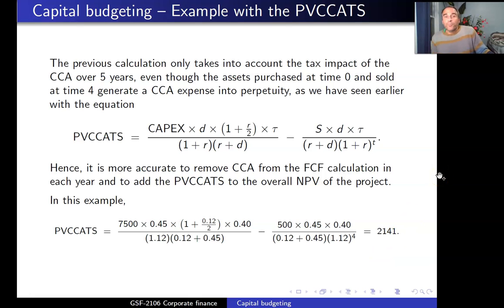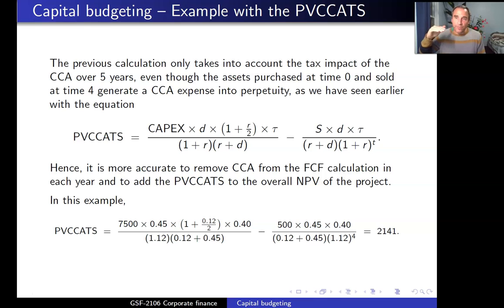Now, the previous calculation only takes into account the tax impact of the CCA over 5 years, even though we have seen earlier that the CCA implications of the assets purchased at time 0 continue into perpetuity, because it produces 3 perpetuities.